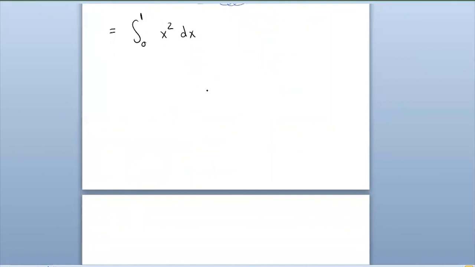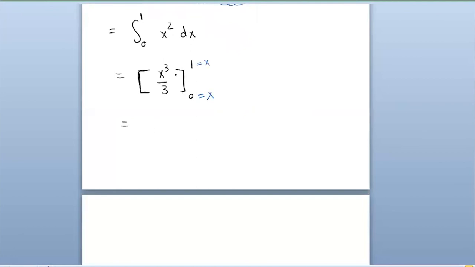It just has one variable, x. So it should be pretty familiar to us. And so we have x cubed over 3 from 0 to 1. And again, we could label this as x and x because these are x values. But I think it's pretty obvious at this point, but it doesn't hurt.